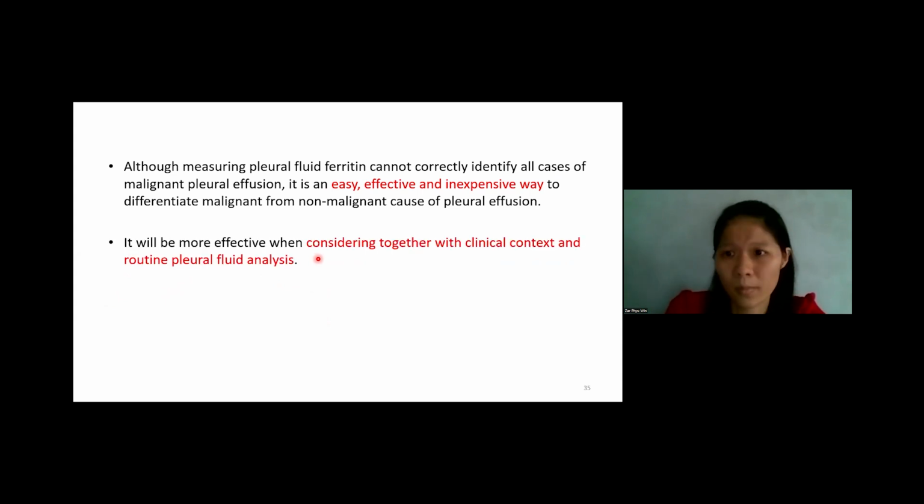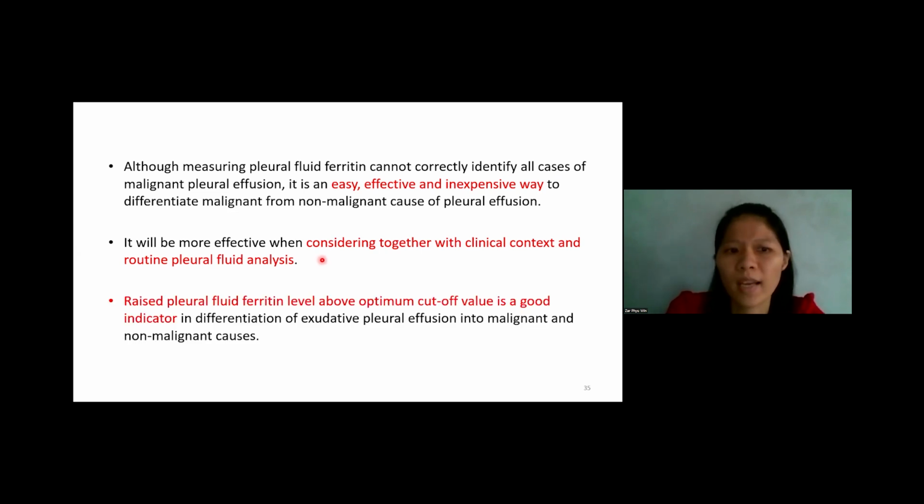And it will be better, more effective, more accurate if we consider it together with the clinical context and routine pleural fluid analysis results. So finally we can conclude that a raised pleural fluid ferritin level above the optimal cutoff value is a good indicator in differentiating exudative pleural effusions into malignant and non-malignant causes, and that it can help guide better management for our patients.